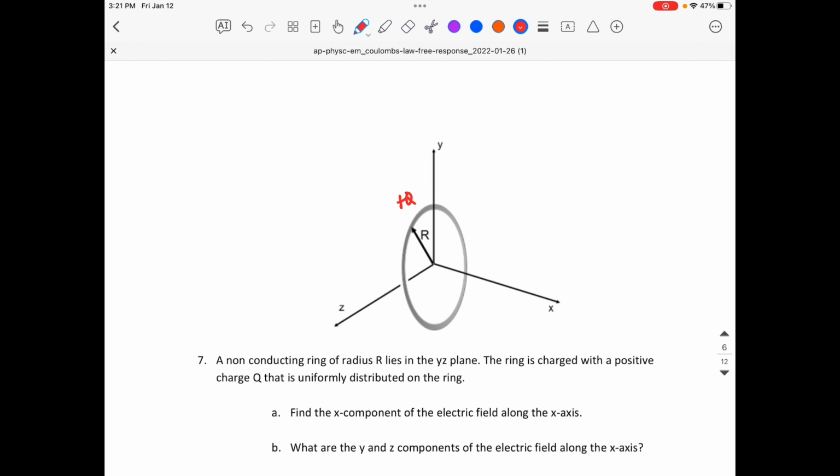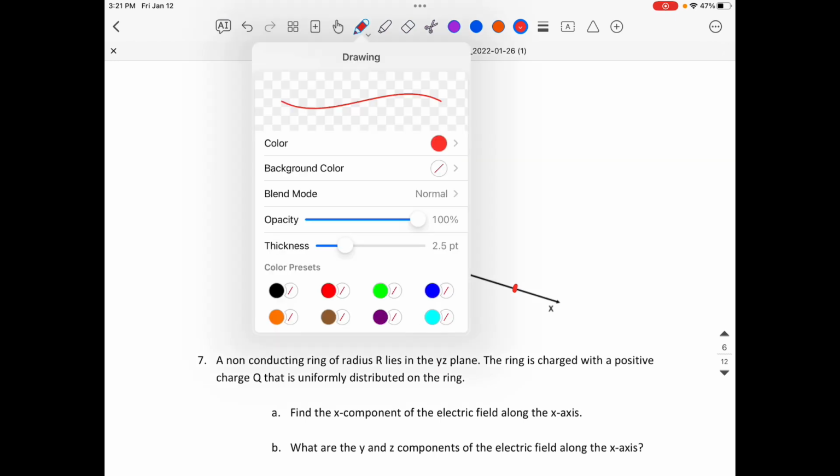So if we were to focus on a position on the x-axis, and I'm trying to find the x component, then I would want to take a small subsection of charge.